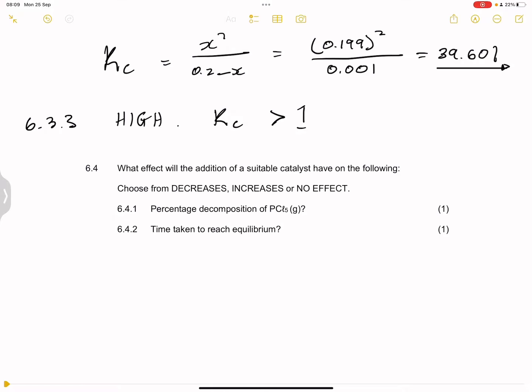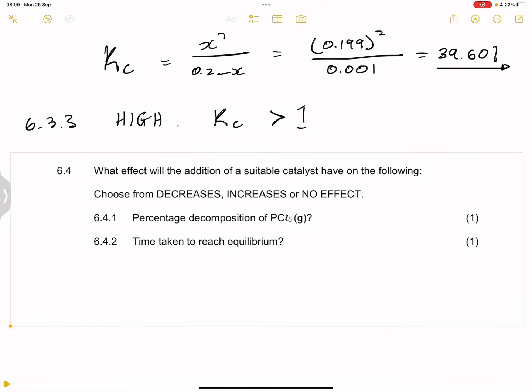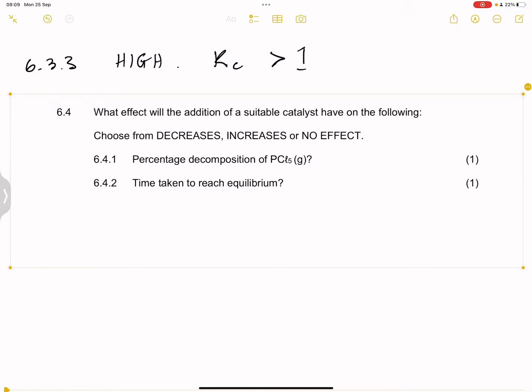Now remember that the moment that we add a catalyst, we're going to increase the rate of the reaction, right? So, of course, the decomposition of PCl5 is the reaction there. So, definitely it will increase, the rate will increase. So, that's increases over there.